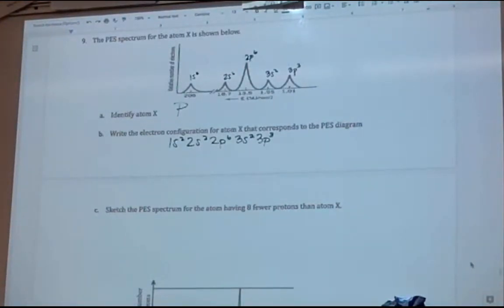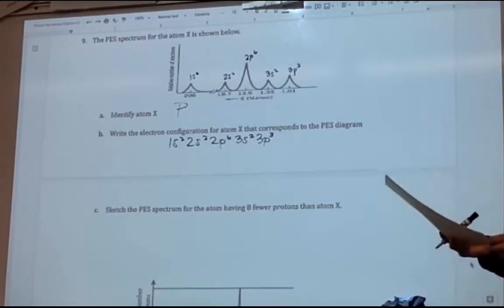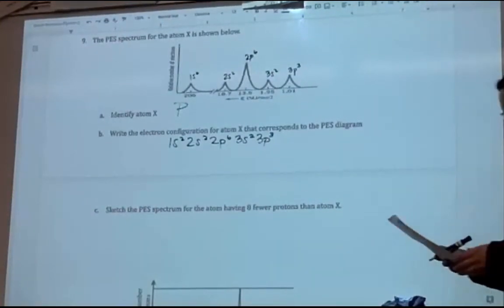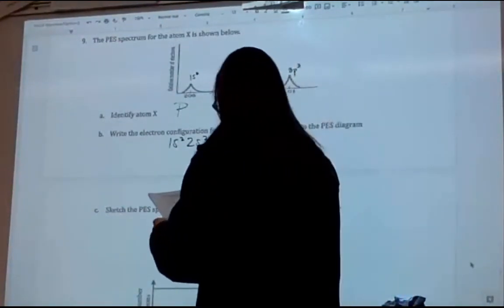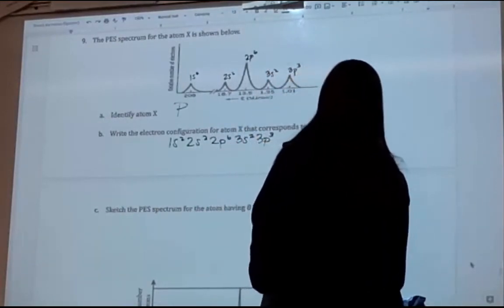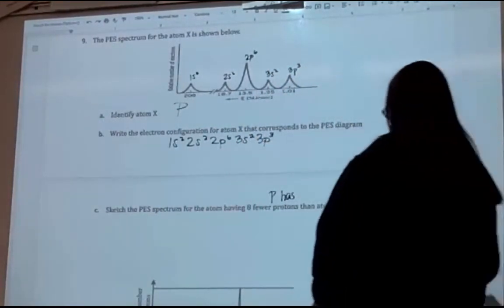So C says, sketch the PES spectrum for an atom having 8 fewer protons than atom X. So phosphorus has 15 protons.